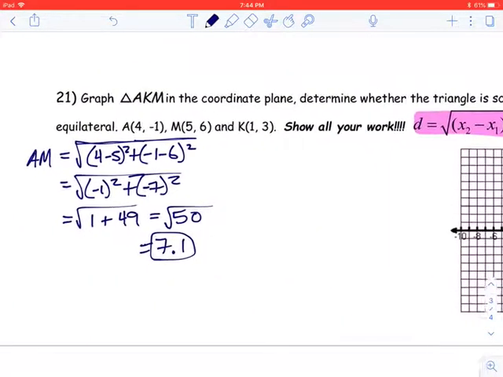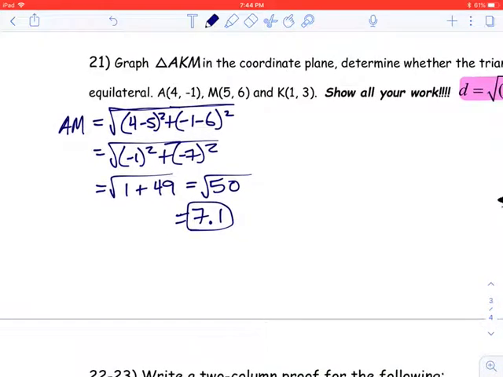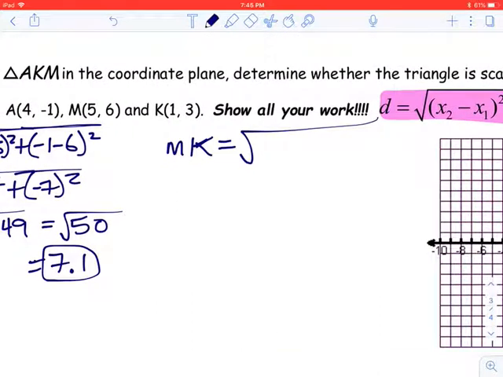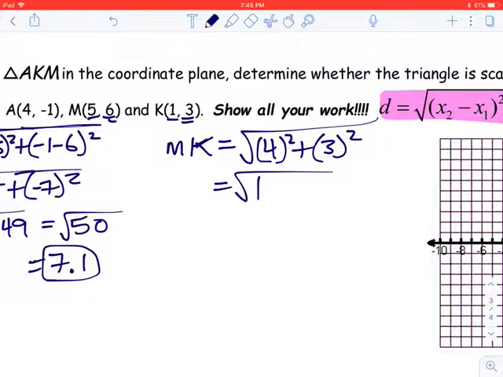Okay, so now let's go to the next one. MK. Let's find MK. So MK is going to be 5 minus 1 is 4, so 4 squared, plus 6 minus 3 is 3 squared. And so I get 16 plus 9, which is square root of 25.